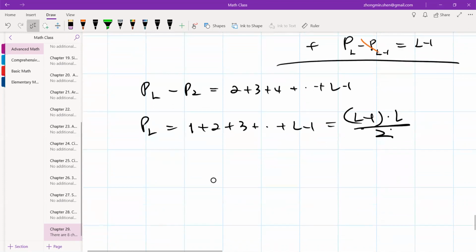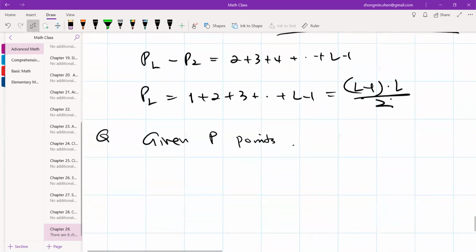Now another question is, if you're given P points, how many lines can be determined by those P points? The maximum number of lines, okay? So that's the opposite, right?